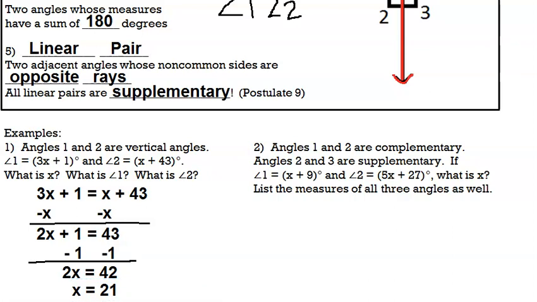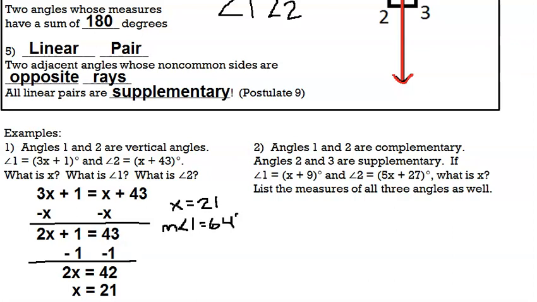So when we list out exactly what's going on, we do want to describe both angles as well. So x equals 21, but now, while we're at it, we should plug that number in so that we can discuss what the measure of angle 1 is and what the measure of angle 2 is. So over here, 3 times 21, I'm going to go up and plug it in, is 63 plus 1 is 64 degrees.